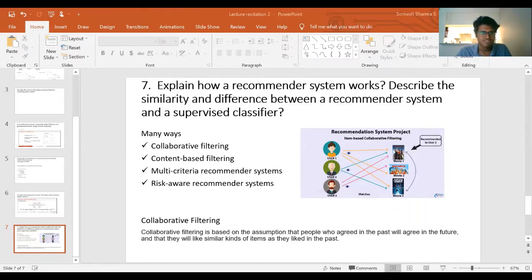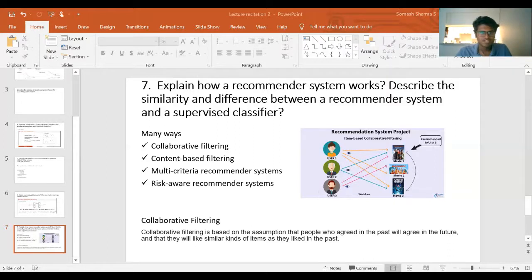These are ways to get explicit data. The other one, implicit data collection, is like items that users view in an online store and analyzing viewing times, like how many times you're viewing that. So this forms the answer for the first part of the question.